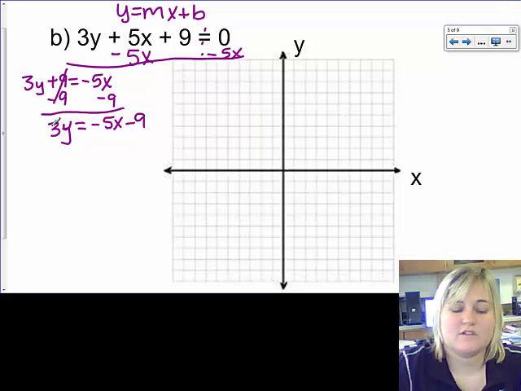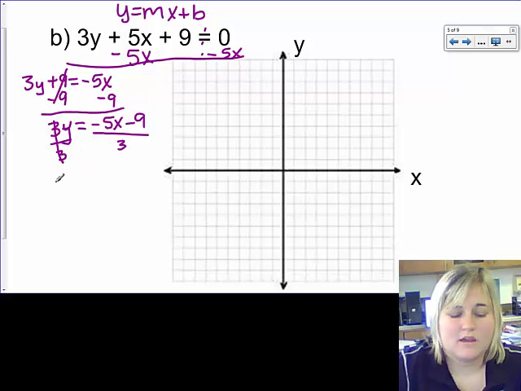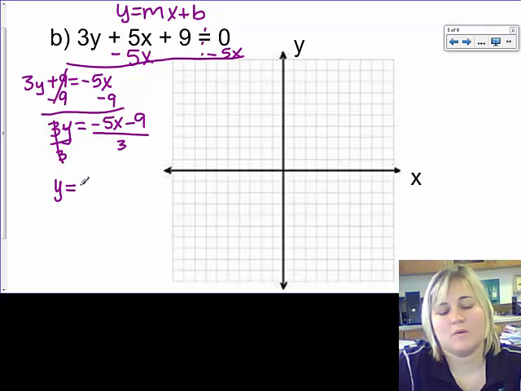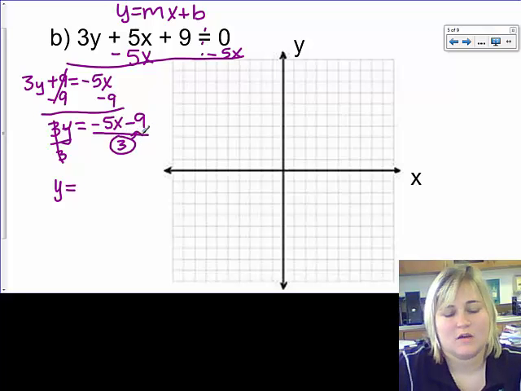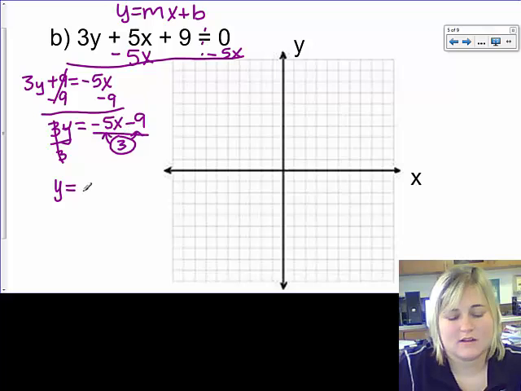Now, I'm going to continue to get y by itself, and to do that, I have to move this 3. Well, they're being multiplied now, so the opposite would be to divide, and what I do to one side, I must do to the other side. So I'm left with y equals, and remember, we said that we have to take this to each term. So I'm going to rewrite it as negative 5 over 3 x, and then minus 9 over 3.